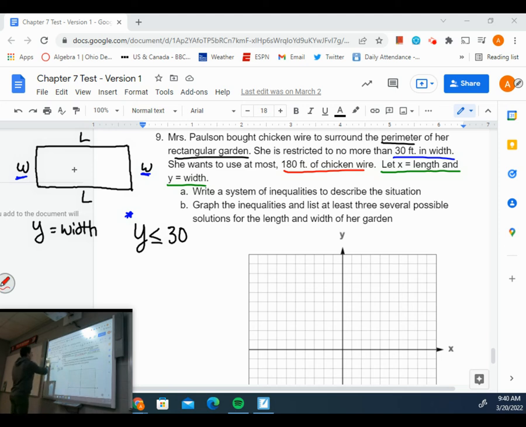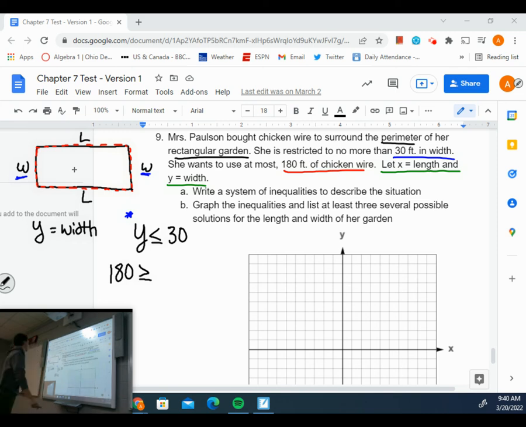So this whole thing cannot be more than 180 feet. Well, that means that 180, and I'm already going to go ahead and put the open side facing it because I know I can't exceed the 180, is the max we can have for making this perimeter.